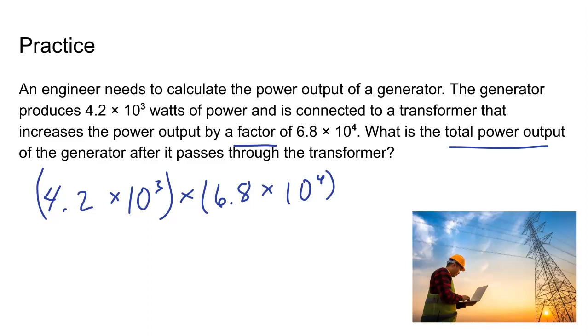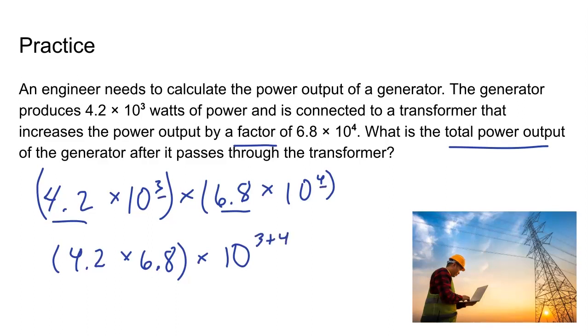And now you can multiply your coefficients, which are 4.2 and 6.8, times 10, and then add your exponents, 3 and 4. And 4.2 times 6.8 is 28.56 times 10, and 3 plus 4 is 7, 10 to the 7th power.